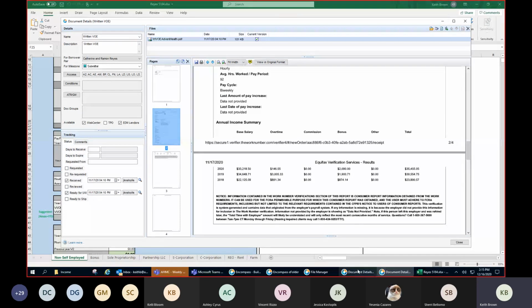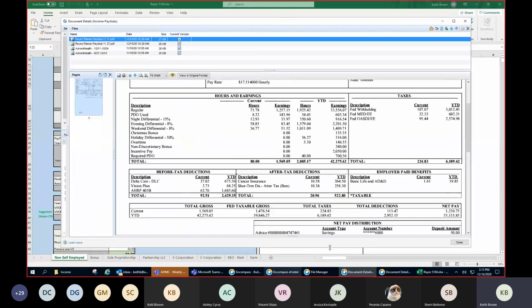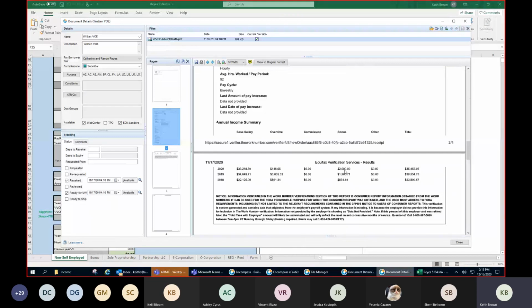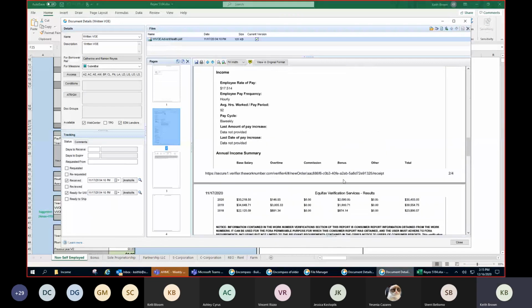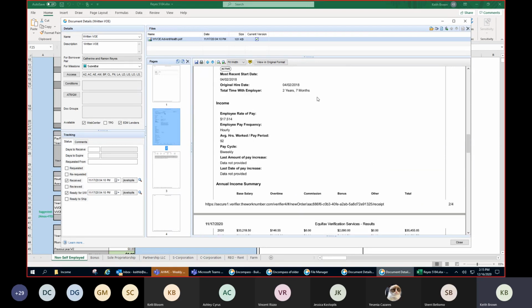And I then took his prior bonuses on the VOE right here, the bonus income for the prior years, and I simply plugged this in. Now notice I did not plug in the year-to-date bonus into my income calc from the VOE because the date on my income calc was not the date of the VOE.